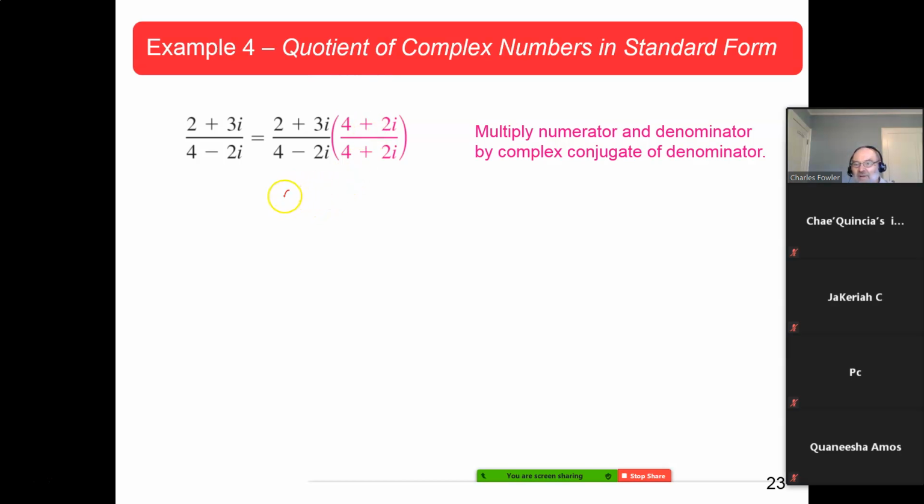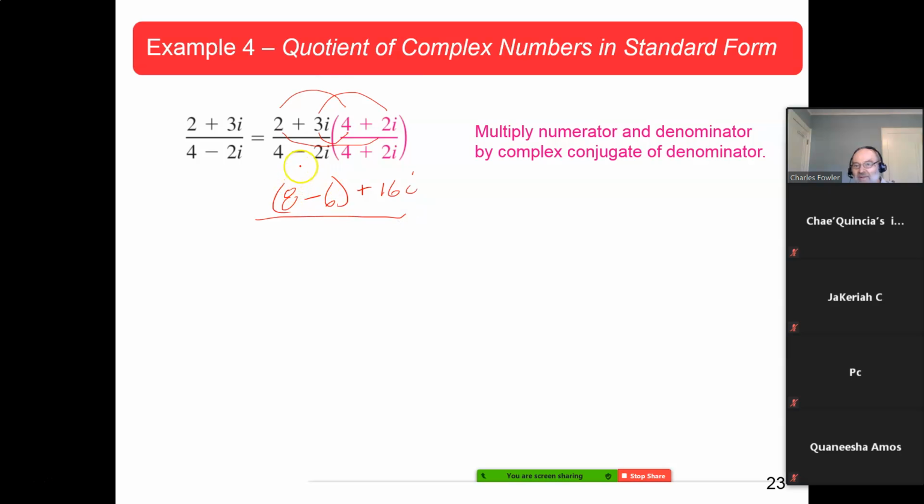So this would give you 8 when you do the first part. Do your last part, and that gives you a minus 6. There's your real part of the numerator. Now do your outer, which is a plus 4i. The inner is a plus 12i. That would be plus 16i.